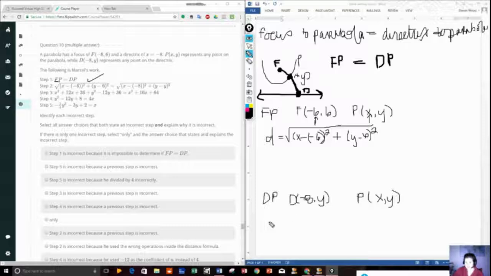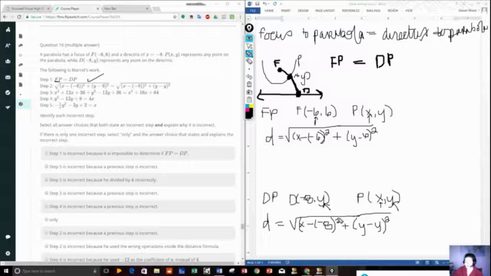So we're finding the distance again. That is going to equal the square root of our horizontal distance, so we start with point P: x minus -8, the other x coordinate, that's finding our horizontal distance, plus y from our P, and the y coordinate from our point D, minus y, squared.